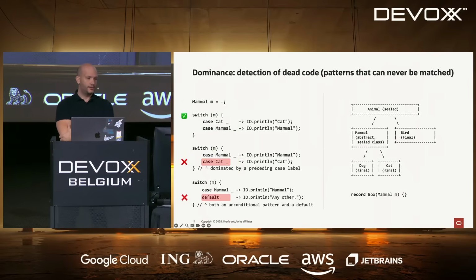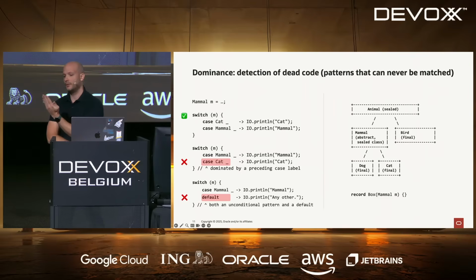And the next one is called dominance, which is all about the detection of dead code. Patterns that can never be matched circumstantially because there is a preceding pattern that captures all of their values. Dominance ensures that all written cases are necessary.